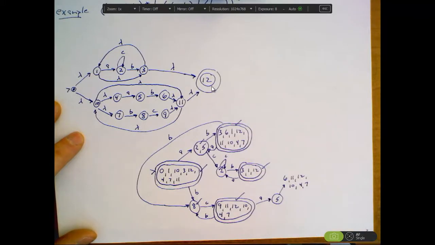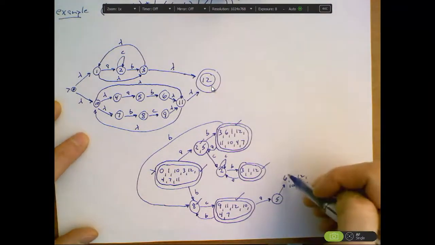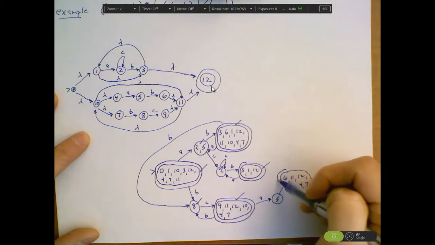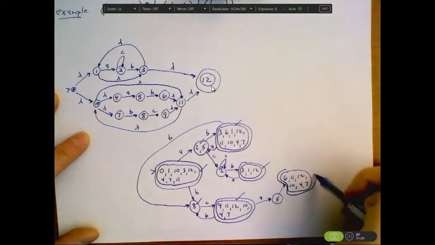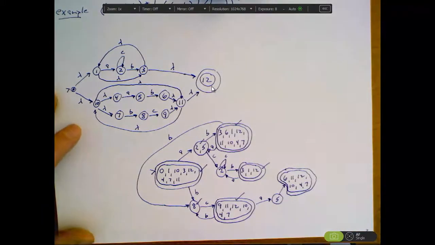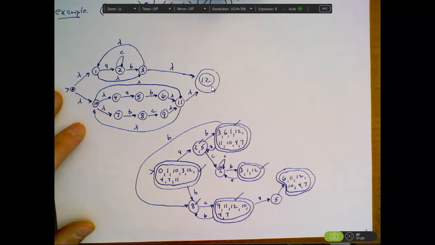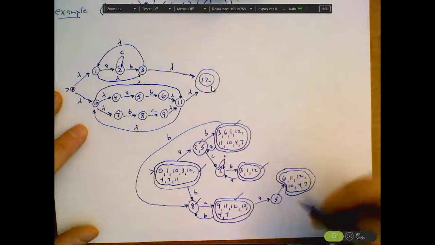I haven't seen that particular subset of these states before. And 12 is in there again. So this is not looking very pretty, is it? Not very good circles anymore. But it is a final state. And that's all we can do with 5.